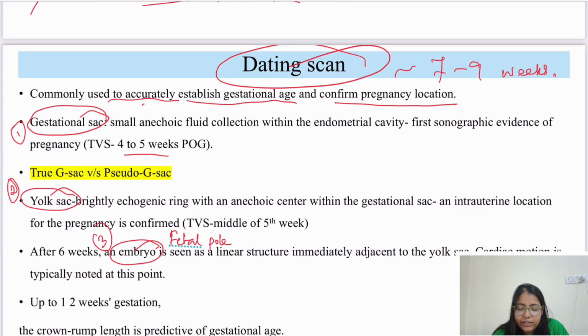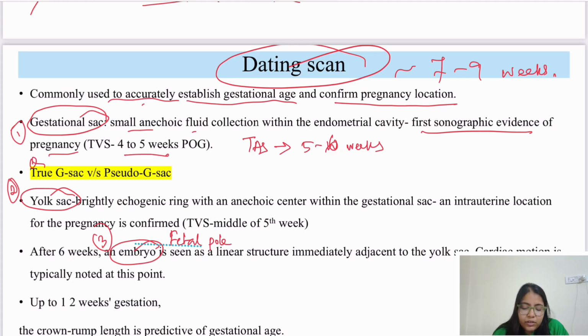The G-sac develops by 4 to 5 weeks when you see by TVS, transvaginal ultrasound, and when you look by transabdominal ultrasound, you add just 1 week more. So by 5 to 6 weeks in transabdominal ultrasound, you will be able to look for the gestational sac. It is the first sonographic evidence of pregnancy, and it is a small anechoic fluid collection within the endometrial cavity.